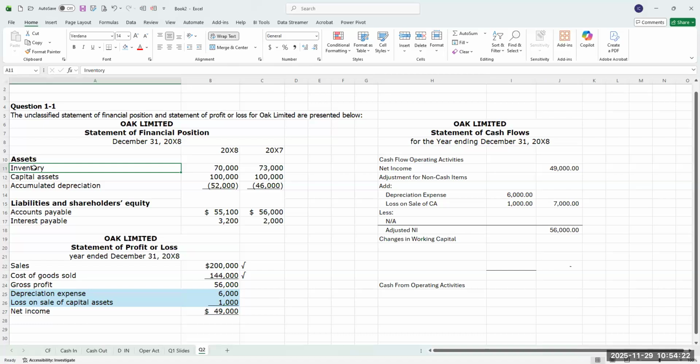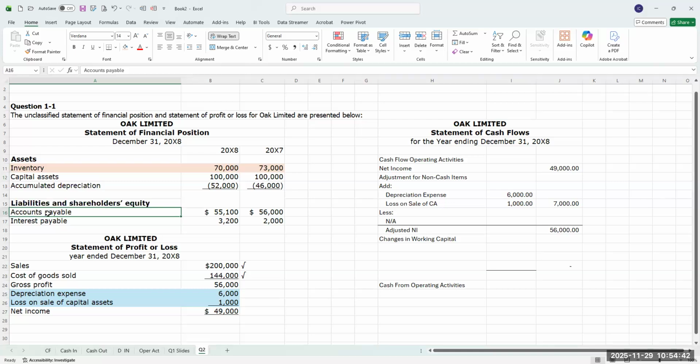So inventory definitely is a current asset, so we're going to mark it as a current asset. That's part of our operating activities. Capital assets and accumulated depreciation are definitely not part. Those are long-term assets, so we're eliminating those.